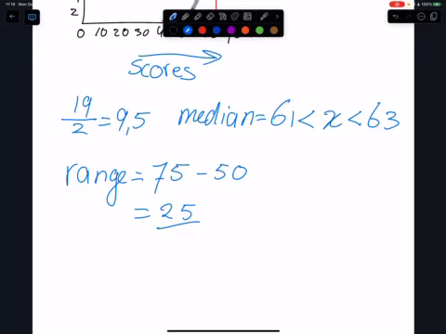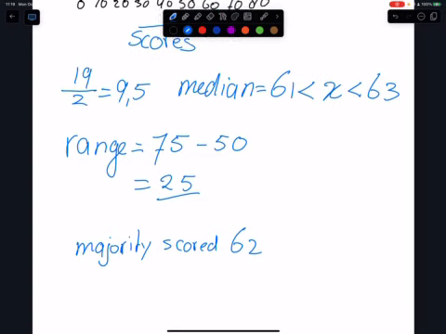What does the range mean? That means from the median, the majority scored somewhere around 62. The person with the lowest grade in that class scored 62 minus 25.